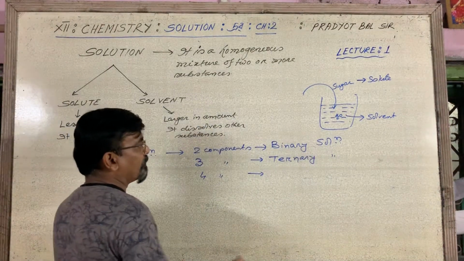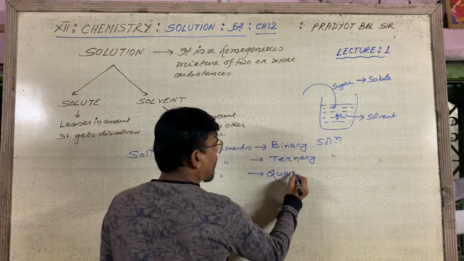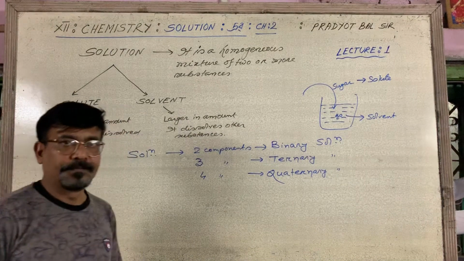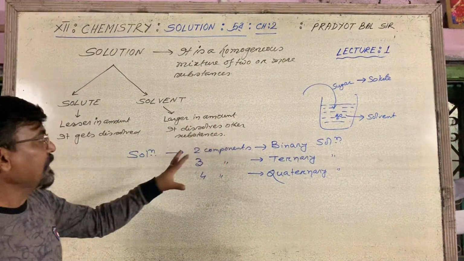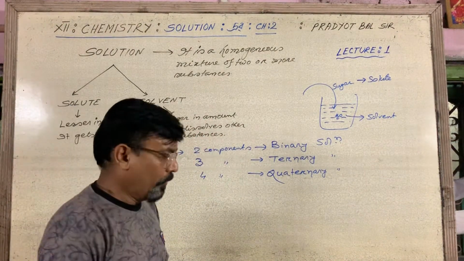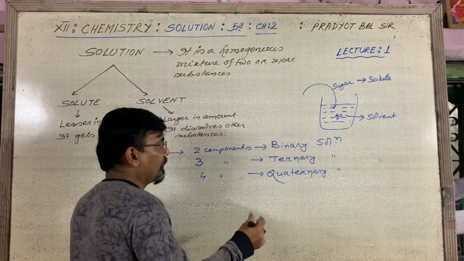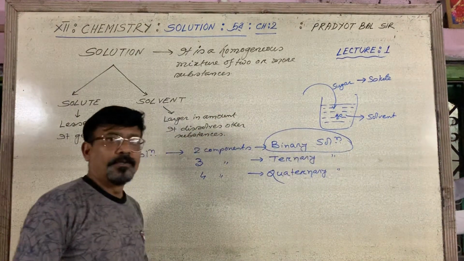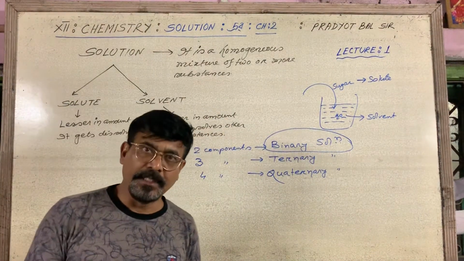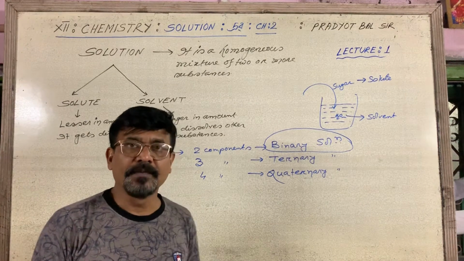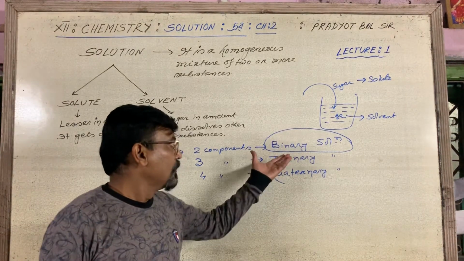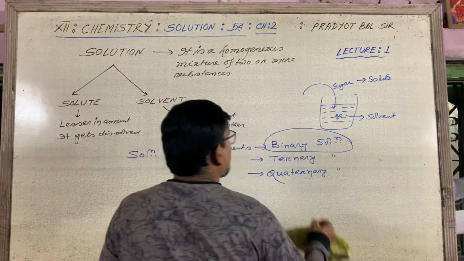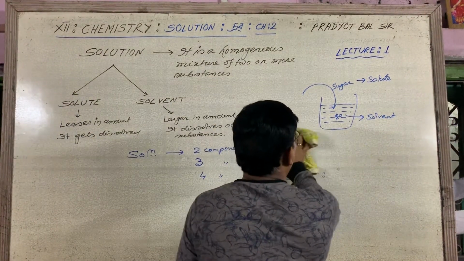If it contains four components, it will be known as quaternary solution. So this is about the solution. Basically, in this very chapter we will consider the binary solution. There may be some exceptions in some questions.